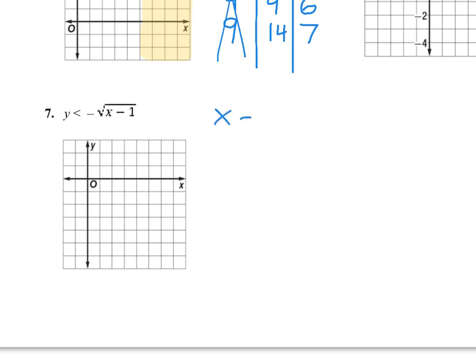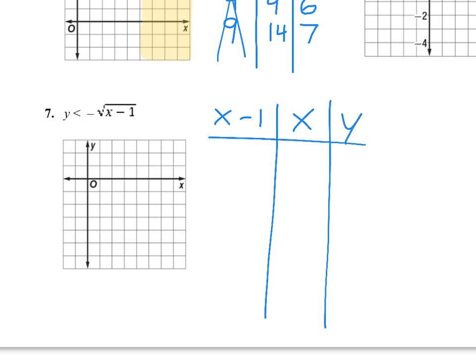Okay, for number 7, we make our 3 columns. So if x minus 1 were 0, then we do the opposite. We add 1 to figure out what x would be. If x minus 1 was 1, x would have to be 2.